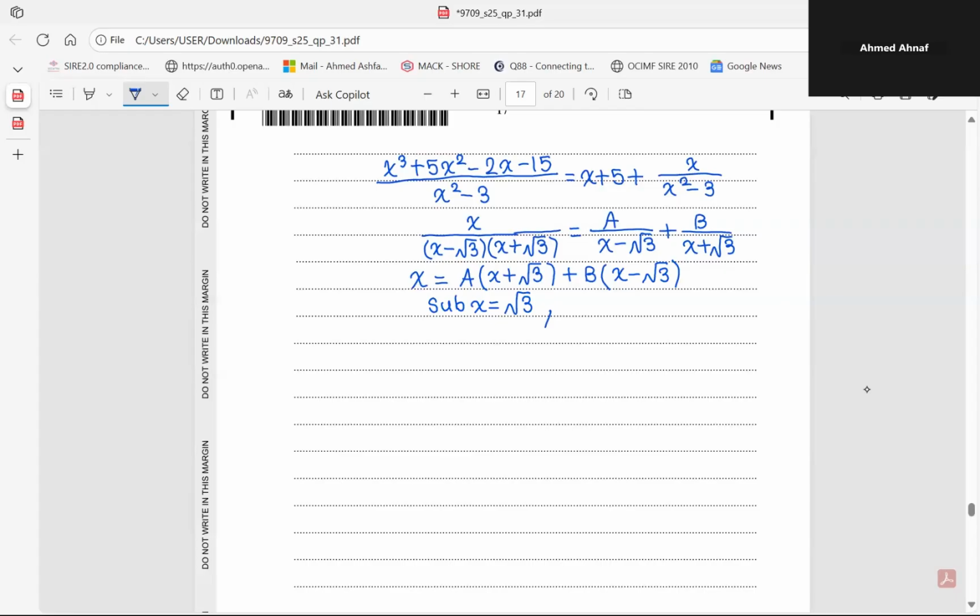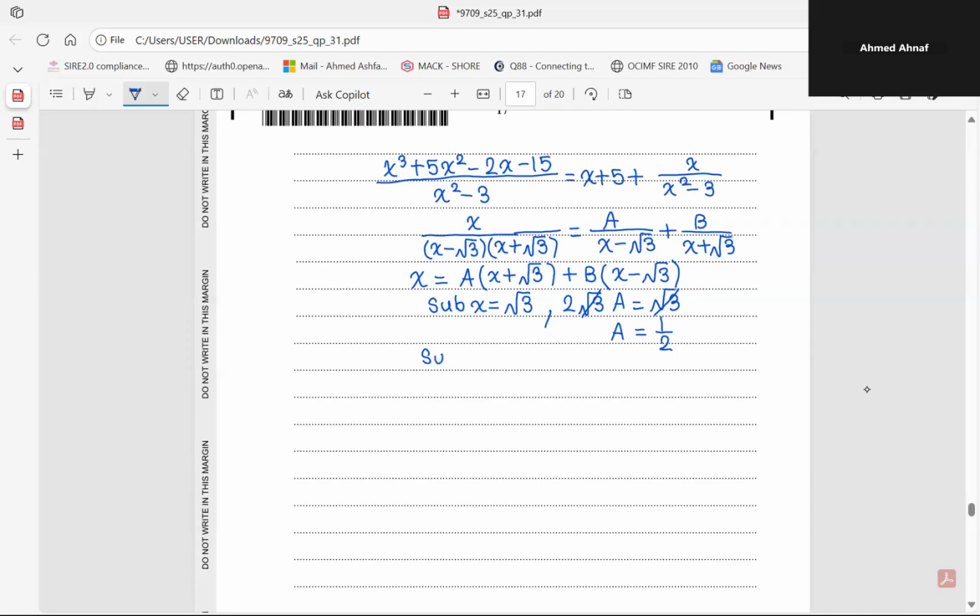That would be square root 3 plus square root 3, which is 2 square root 3, times A equals square root 3. So we can cancel out the square root 3's and we'll get A equals half.